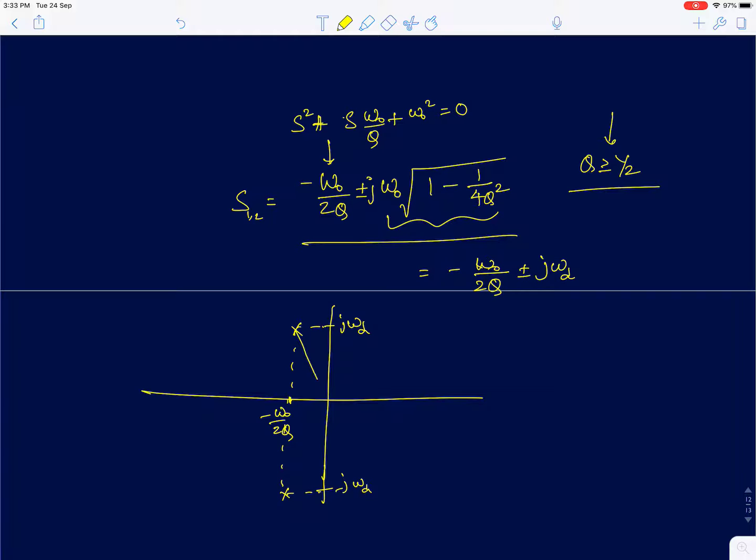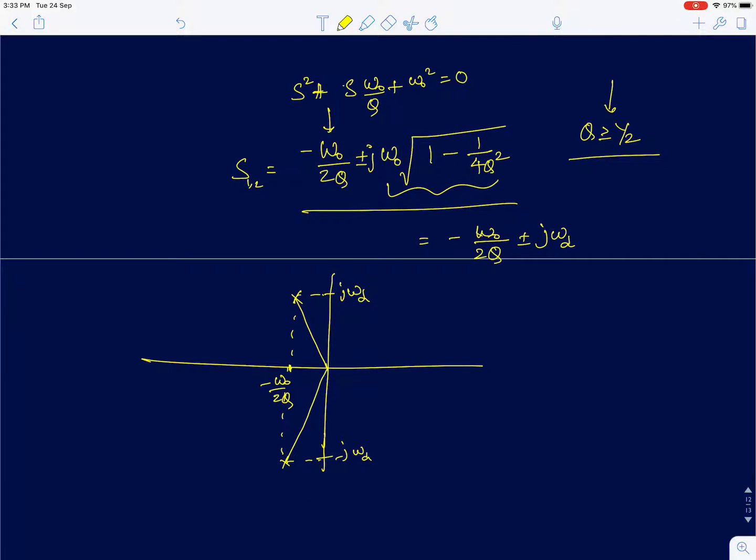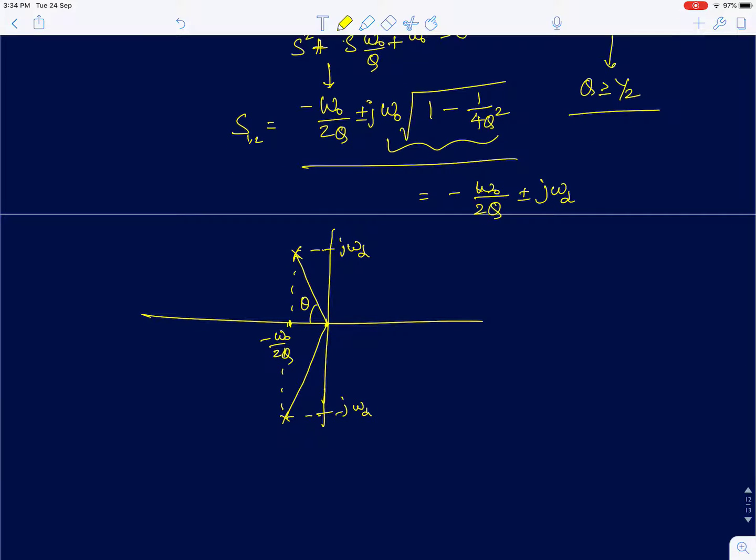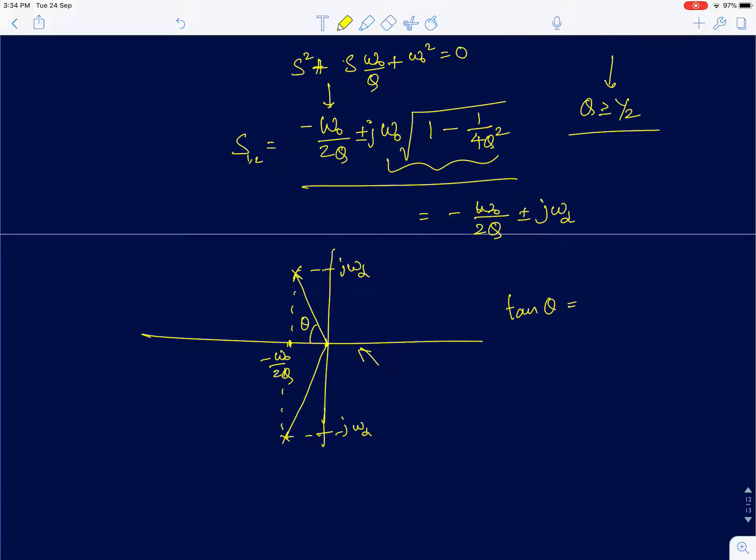If you draw a line from the origin to the pole, and if I compute the angle theta that this line makes with the real axis, and I take tan of theta, that will turn out to be simply equal to omega d by omega naught by 2Q.